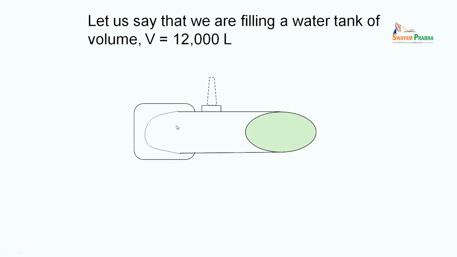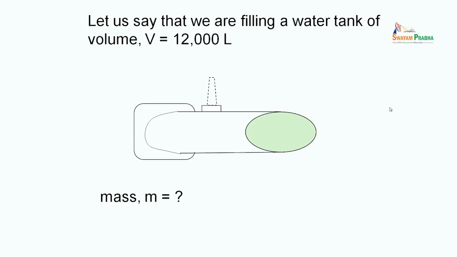This is the back of the lorry on which the water tanker rests, and let us say that this is the filling of the water tanker with water at its source. Okay. So, this typically is either 8,000 liters, 10,000 liters, 12,000 liters or 16,000 liters. Let us consider a tank of 12,000 liter capacity.